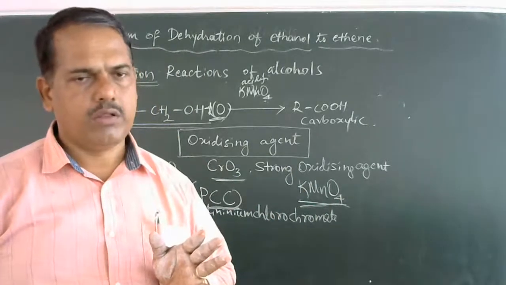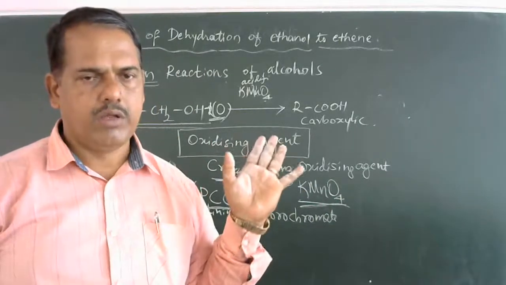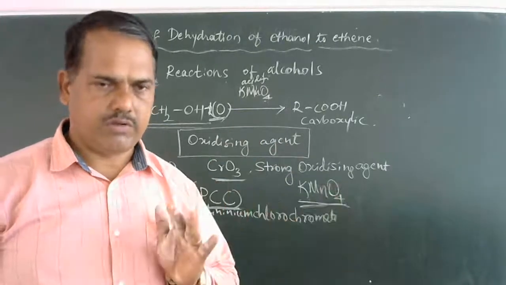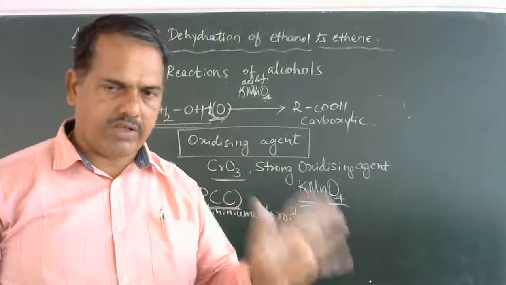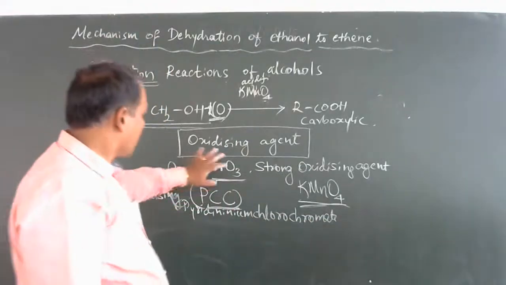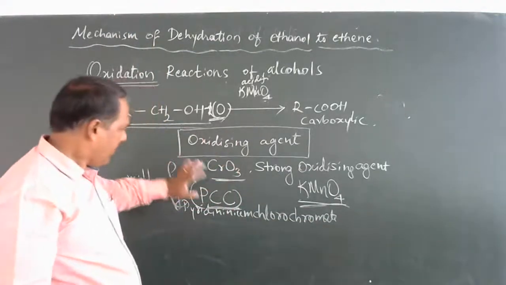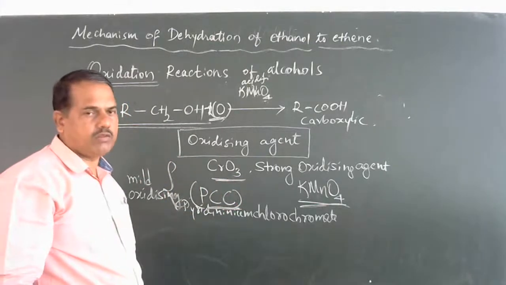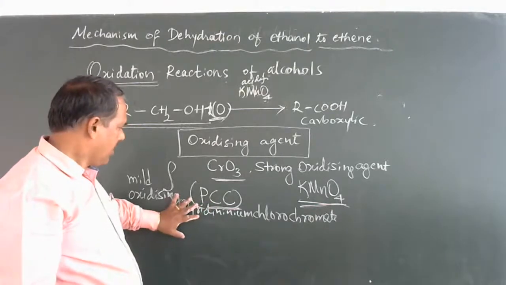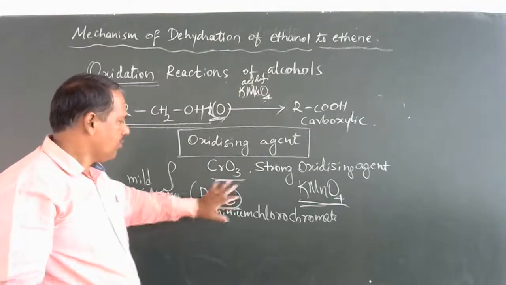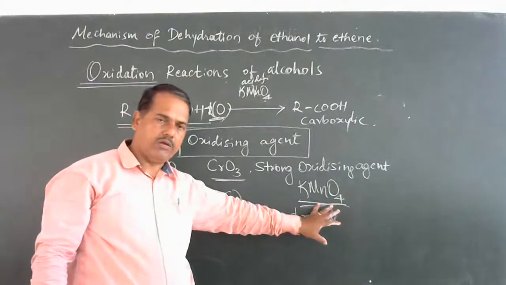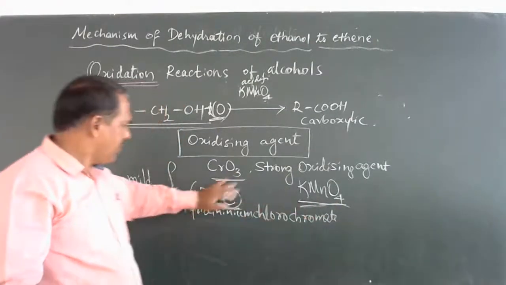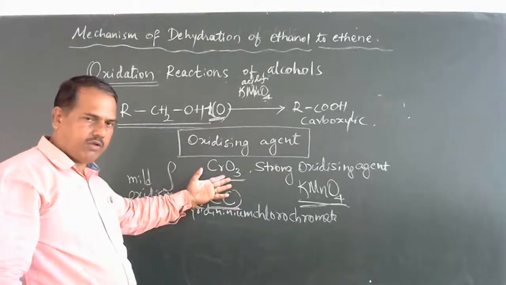Are you clear? That much you have to remember. Some examples of oxidizing agents are chromic oxide and PCC. What is PCC? It is nothing but pyridinium chlorochromate, which is also a mild oxidizing agent.